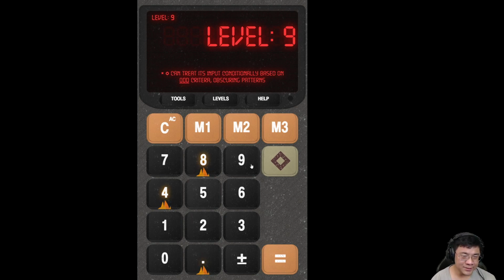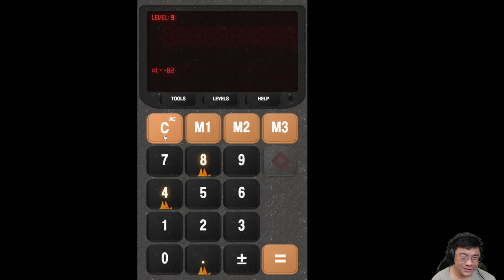All right, well, let's try this level. We'll just go to 10 and see what happens. Well, if we can get to 10. Negative 82. That doesn't help. 28.